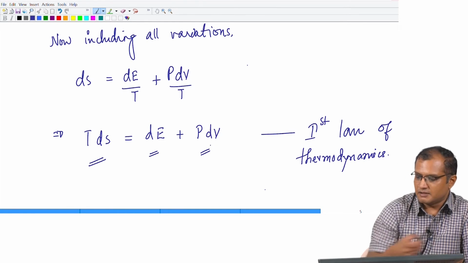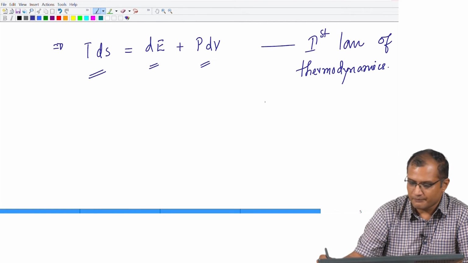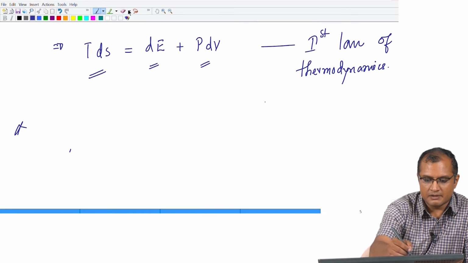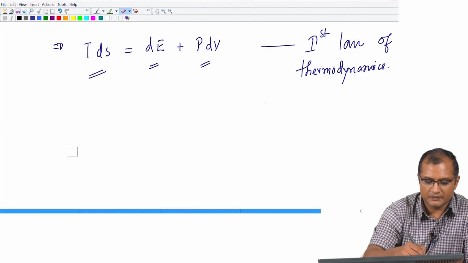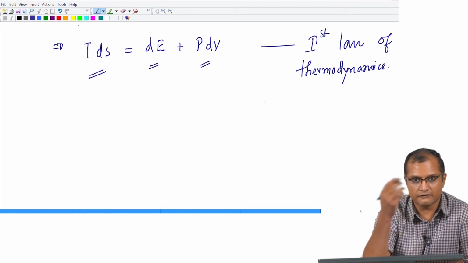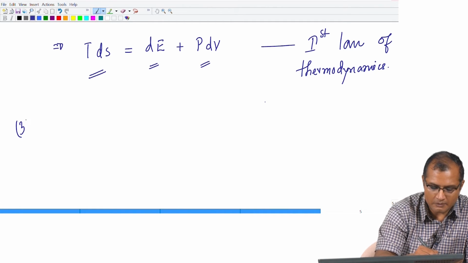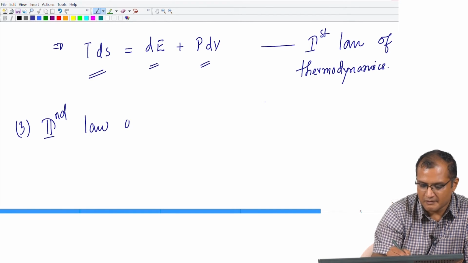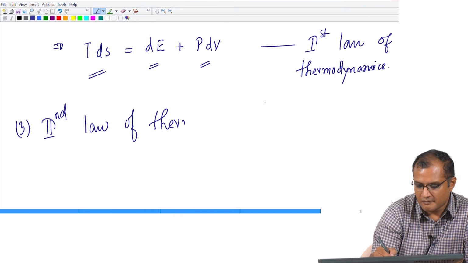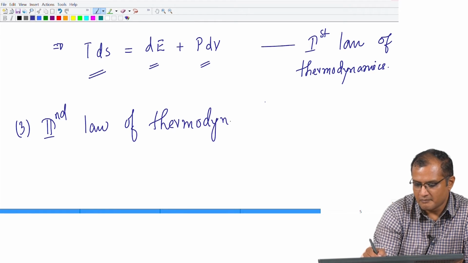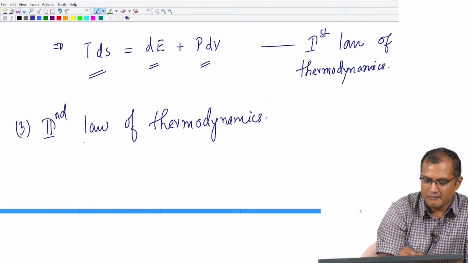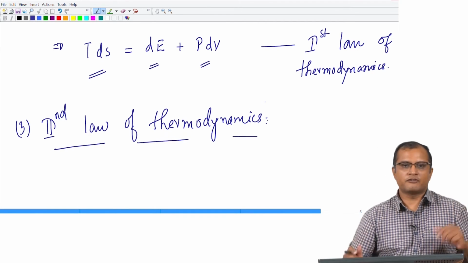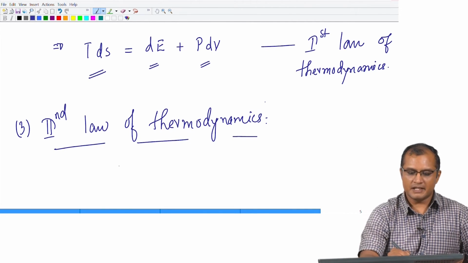So, that is the statement of the first law, and with this we are now in a position to look at the second law of thermodynamics. I am now going to discuss the second law of thermodynamics, which basically gives you the arrow of time. Now, what is meant by the arrow of time?